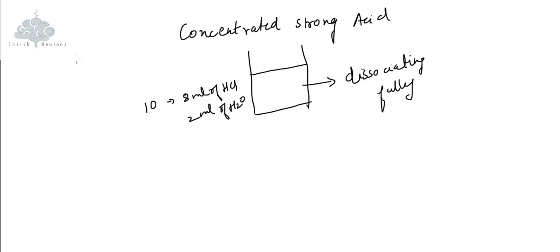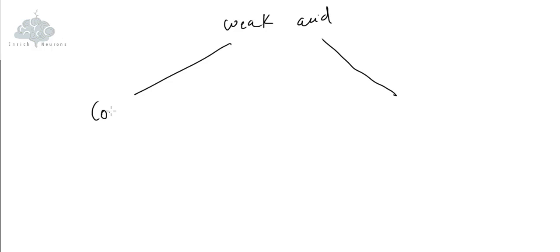Now, instead of taking a strong acid, if I take a weak acid, a weak acid could also have 2 solutions, one concentrated and one dilute. Weak acids are those which dissociate partially.